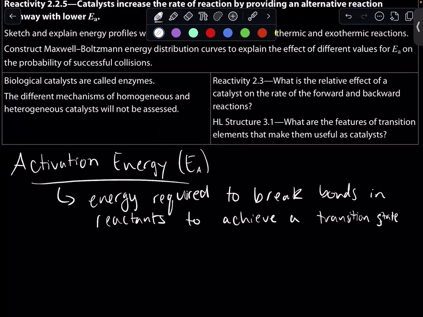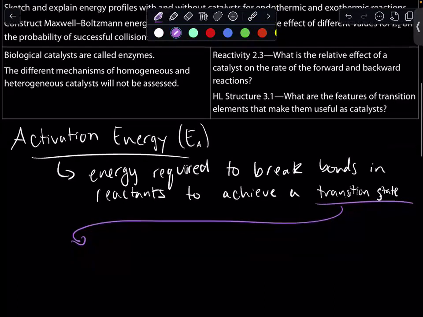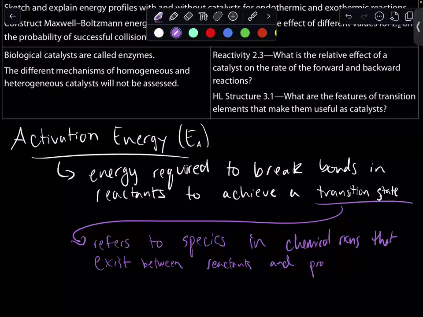So these transition states are a little weird. We don't really have them in our chemical equations or chemical reactions that we write out, but this specifically refers to species in chemical reactions that exist between reactants and products.